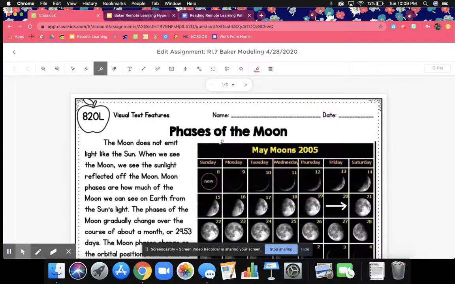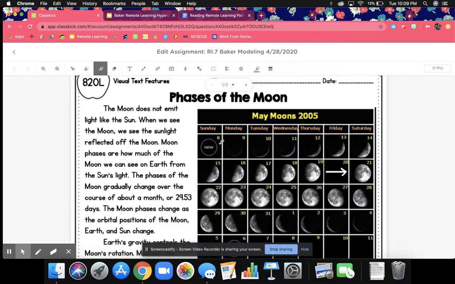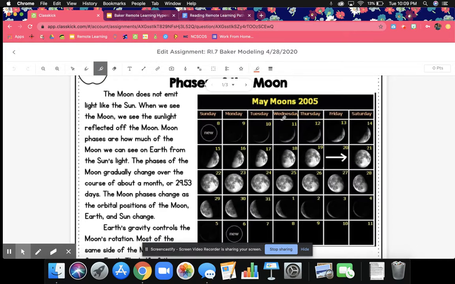So my text tells me about the phases of the moon. So this calendar tells me May moons 2005. Okay, so I'm going to highlight that red.